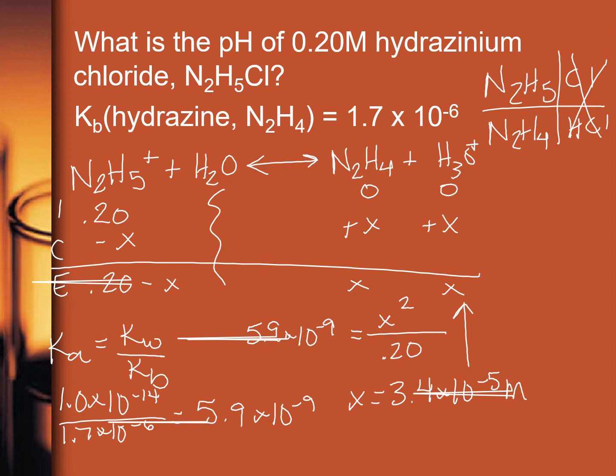So to find pH, we simply need to do the pH is equal to the negative log of our H plus, or hydronium, which is 3.4 times 10 to the negative 5th. When we type that in, we get a pH equal to 4.46, which is acidic.